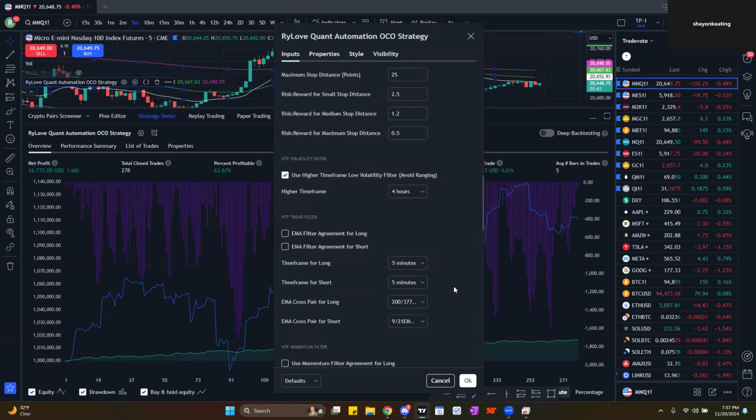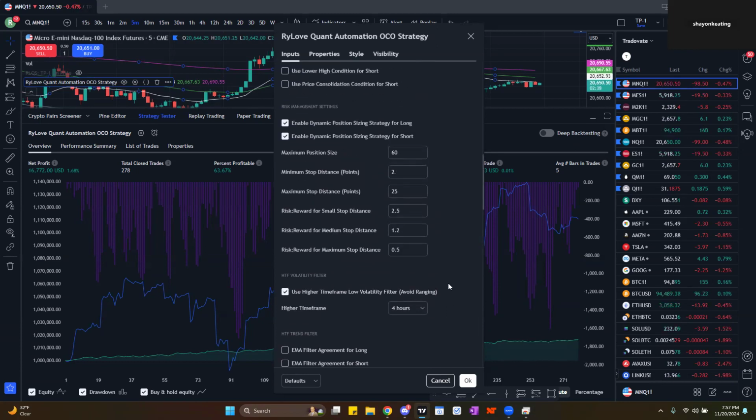Why did you set the maximum stop distance to 0.5? Why would he not set it for like a one instead? For this one, it's because I want a higher win rate, and so that's why I did 0.5.